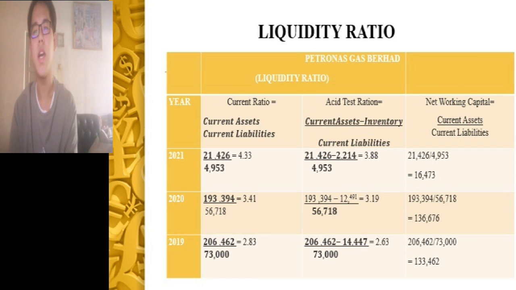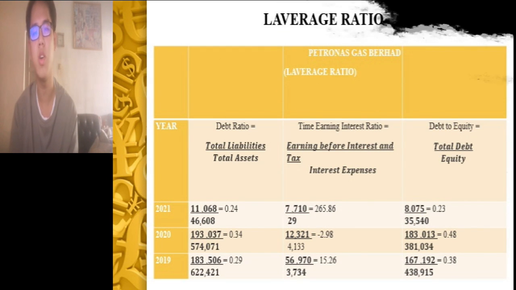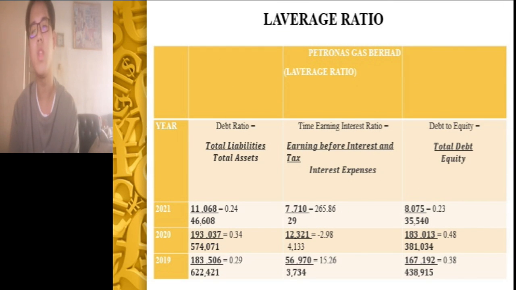It is because the current ratio reached 4.33, the acid test ratio reached 3.88, and net working capital reached 16,473. Debt ratio, times earned ratio, and debt to equity also got a good one in 2020, which are 0.34, 2.98, and 0.48.